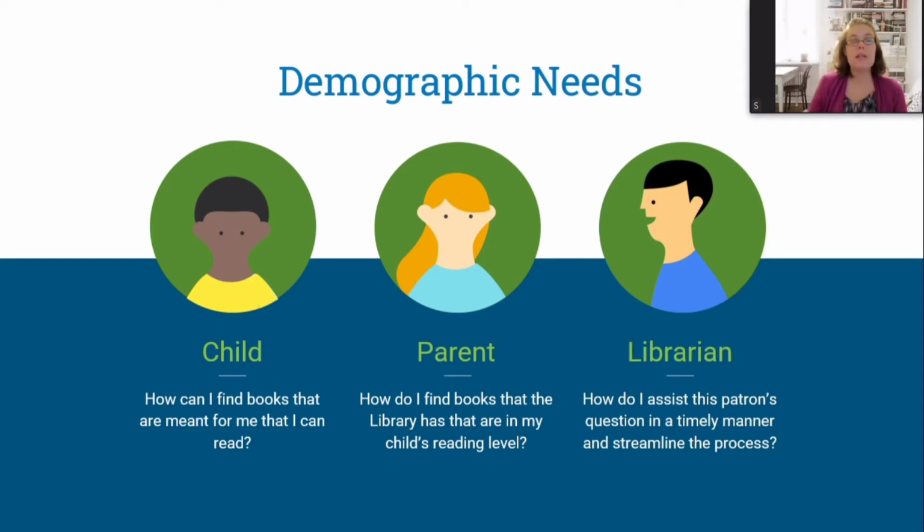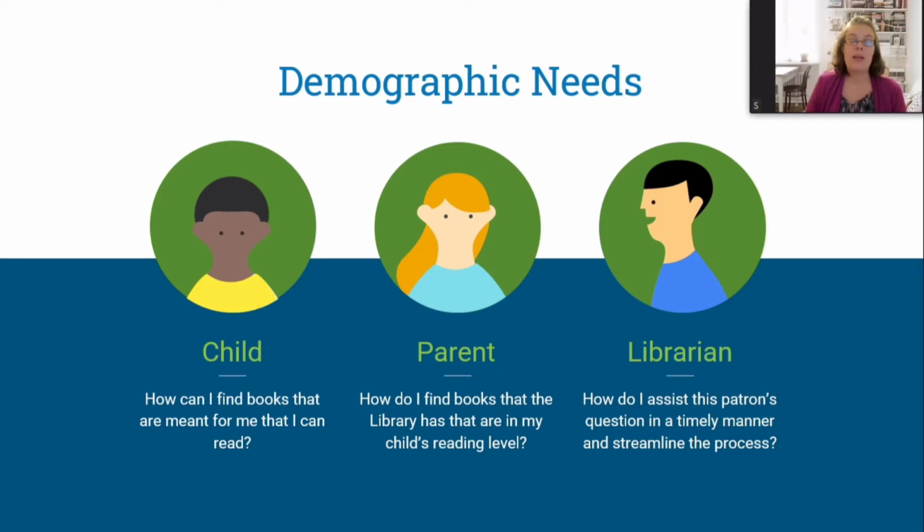And when it comes to librarians, we do need to assist and answer these questions that the patron has to be able to find them the materials they're looking for. Sometimes it is a little bit difficult because we have to go outside of our system to find titles for these patrons, and then bring those titles back and then check our catalog to see if we even actually own the title.